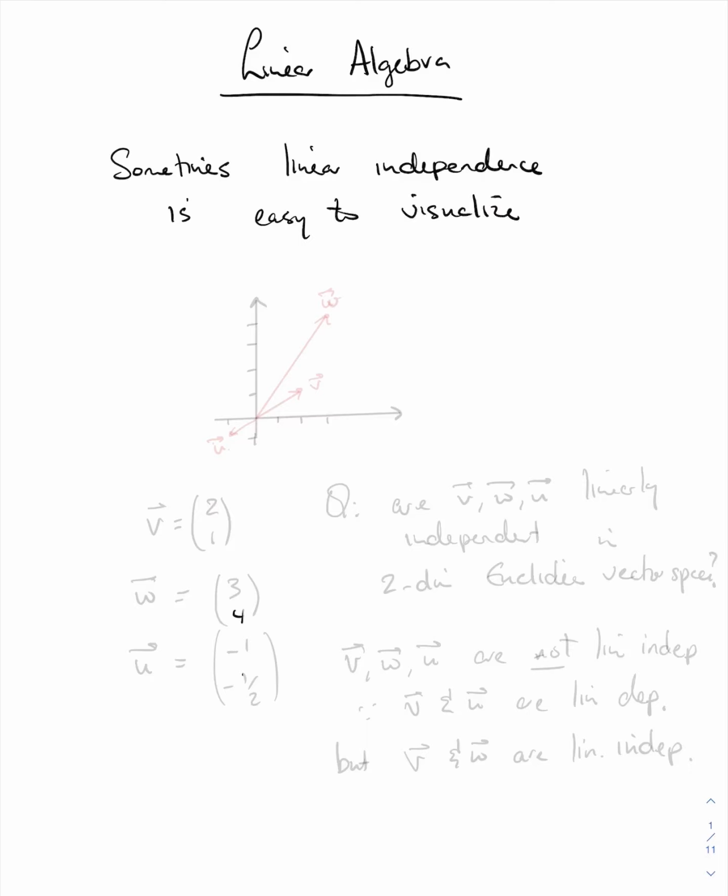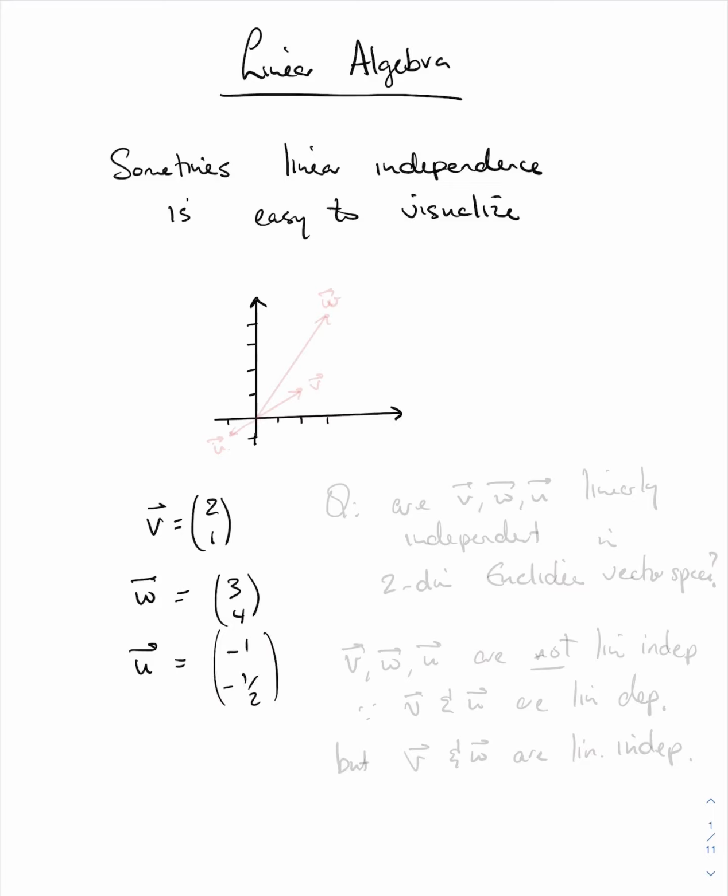So for example, if I had a few vectors, let's say I've got the vector v is equal to (2, 1), w is equal to (3, 4), and u is equal to (-1, -1/2).